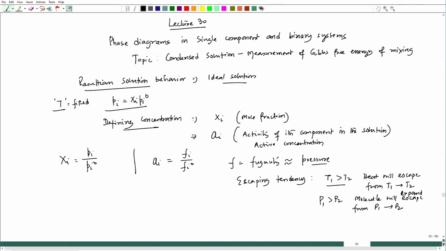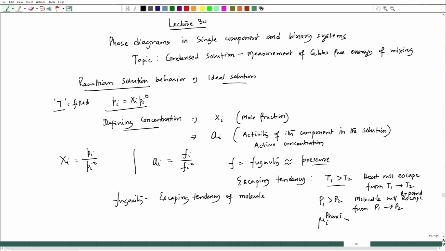So, you can also relate this fugacity to the escaping tendency of molecules. In fact, there is one more: let us say the chemical potential of i in phase 1 is greater than the chemical potential of i in phase 2.